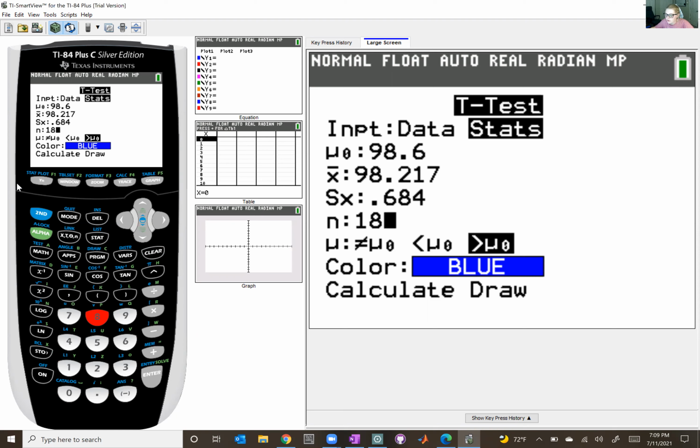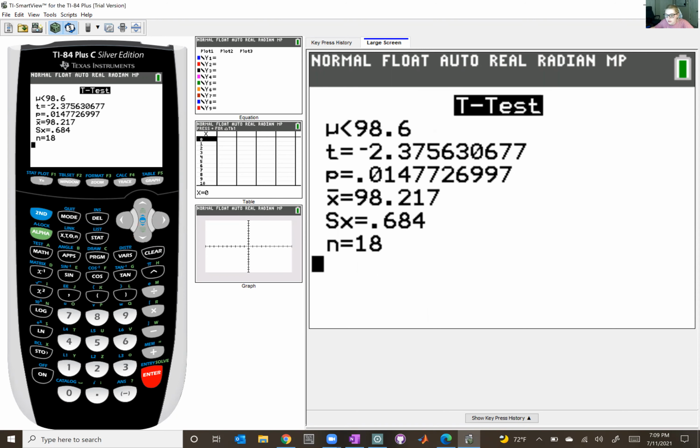Okay, then just make sure that you have it on the correct option, which I believe should be this one. Then we just come down to calculate. Yes, and we're good to go.